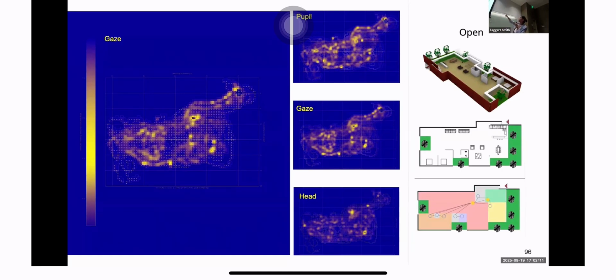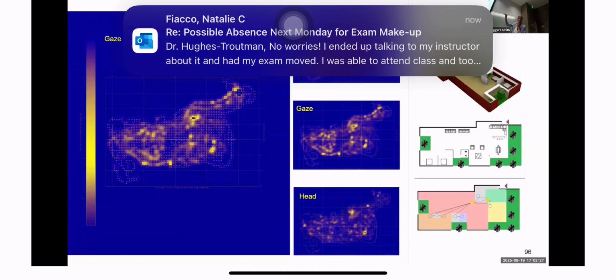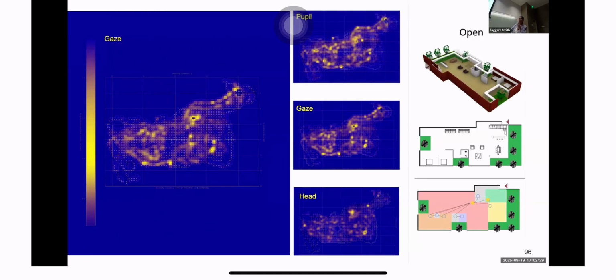So the yellow spots, you can see that those are the spots with the highest link to node ratio, basically with the highest links. And you can kind of see on these graphs that the top yellow spot is where people showed the highest level of curiosity and engagement.